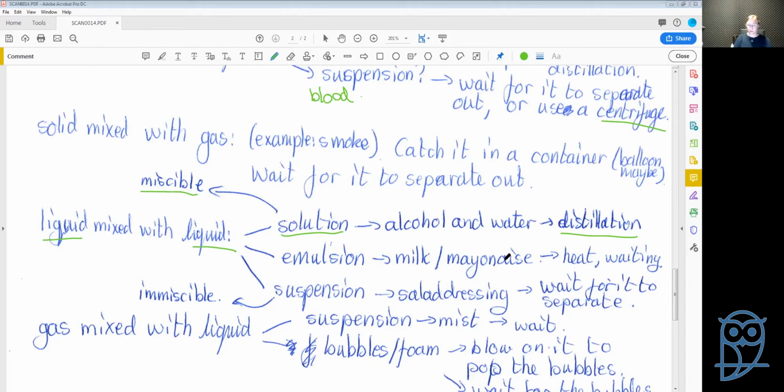So you could separate out mayonnaise by gently heating it until the oil and the egg start separating out again. You could also separate it out just by waiting.